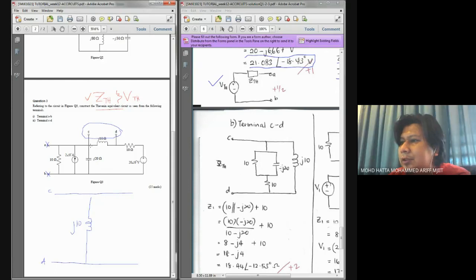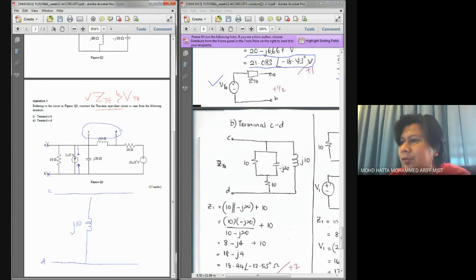And from C to D, I also have two elements. These two elements should be connected in parallel. And why do I say that? Because from C, I have this first branch and also this second branch. And what happened to this one? This one should be treated as an open circuit, right?